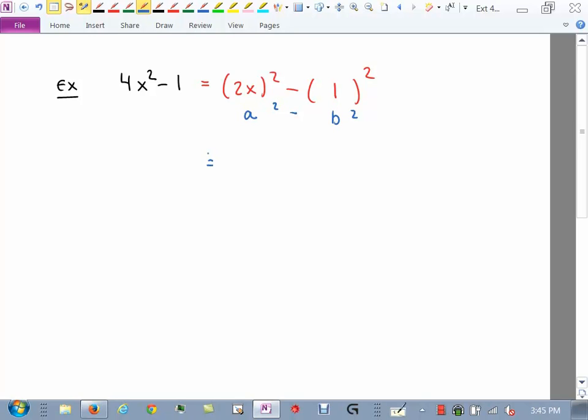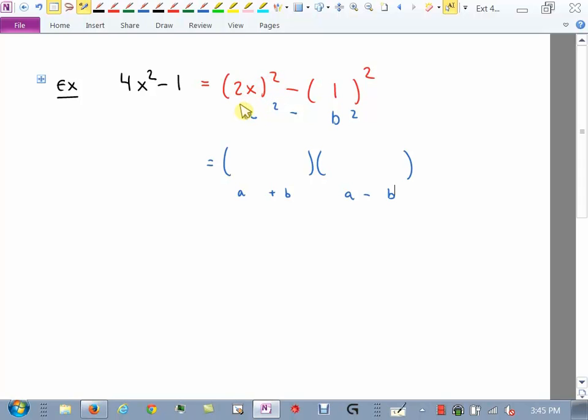A plus B times A minus B. So for us, what would A plus B times A minus B turn into? Okay, be careful. The A here is what's in this parentheses, not with the squared.